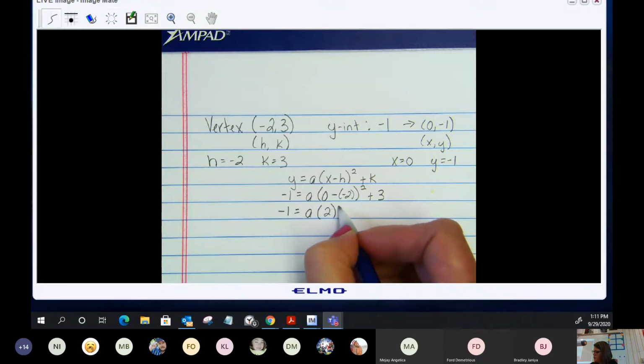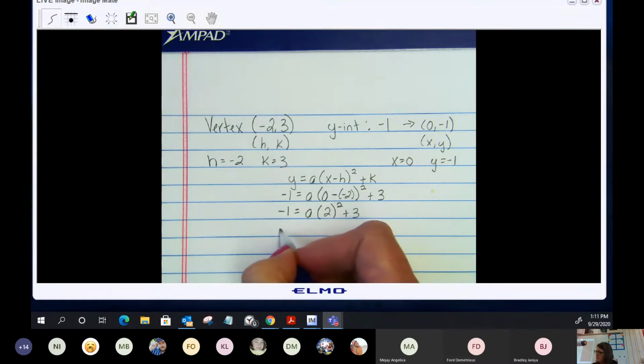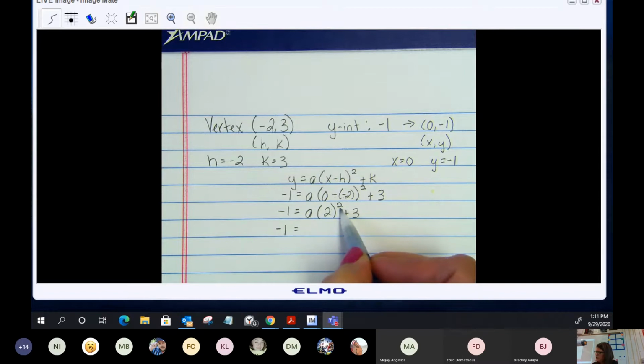So that's just 2 squared, plus 3. And again, I'm just going to keep cleaning it up. -1 equals 2 squared is 4, 4 times a is 4a, plus 3.